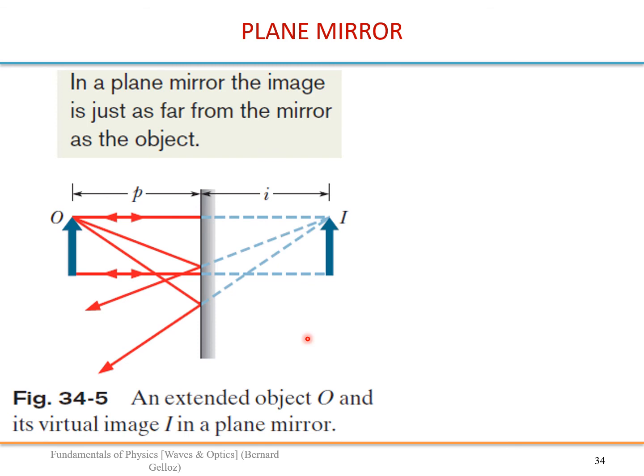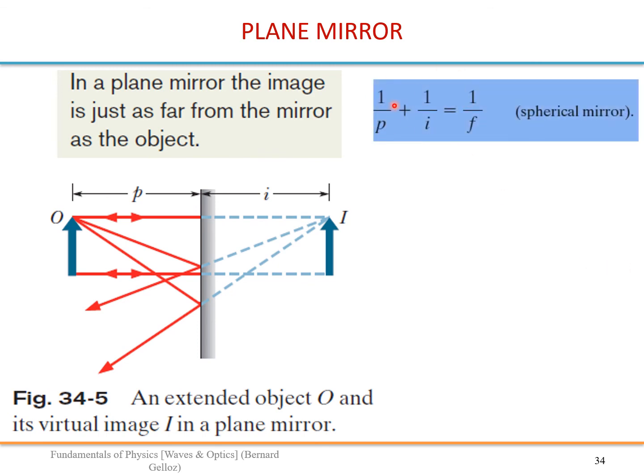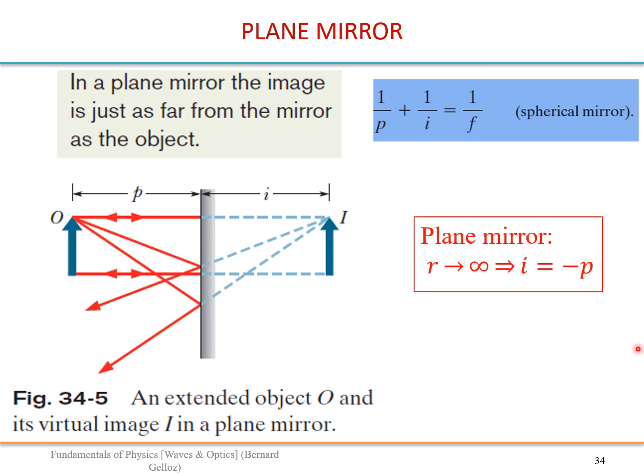So if we say that R is infinite in the PIF formula, it is the same as saying that F is at infinity. So F is also infinity. So in the PIF formula, 1 divided by F will be equal to 0, which means I equals minus P. All right. So this is consistent.